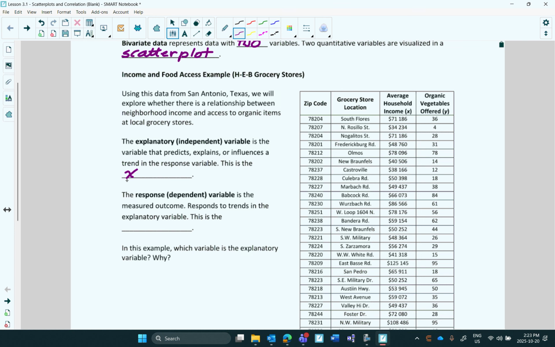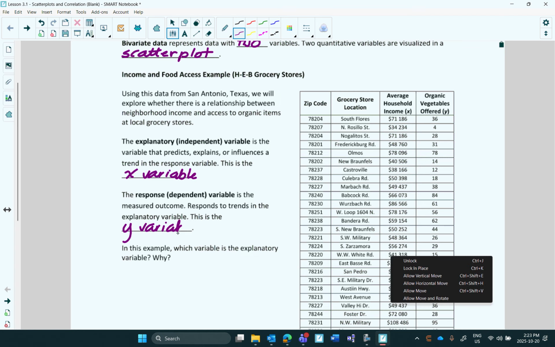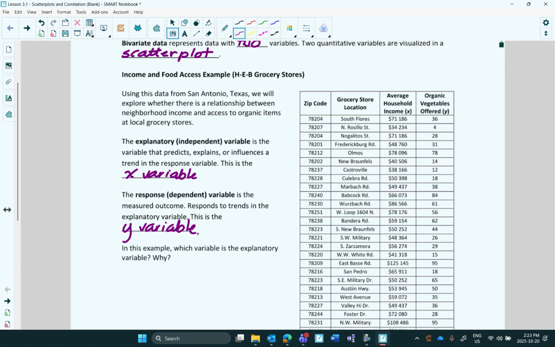This is the x variable. The response variable, well, that's the one that gets explained. Okay, its values depend on the independent variable or the explanatory variable, and it is the y variable. We use x and y because obviously we're familiar with xy coordinate grids. A lot of the graphs that we study, not just in mathematics, but in statistics as well, are all based on an xy coordinate grid.